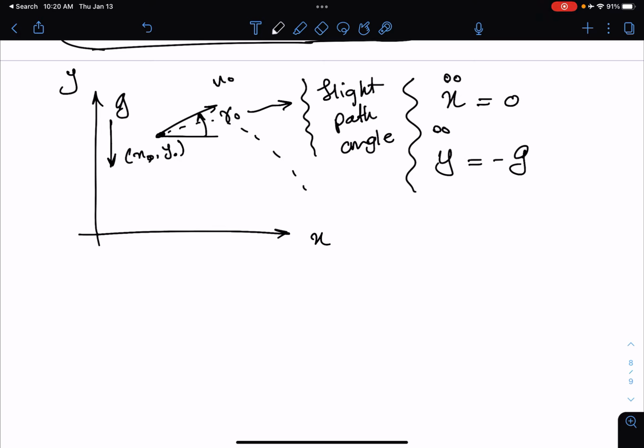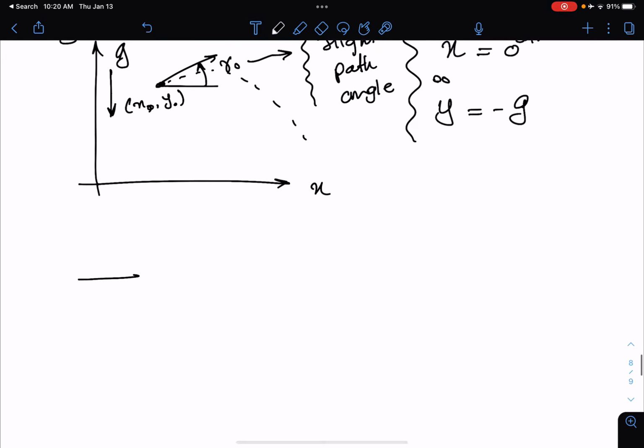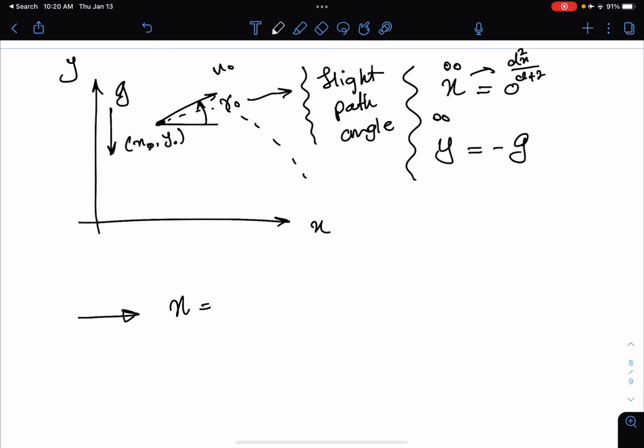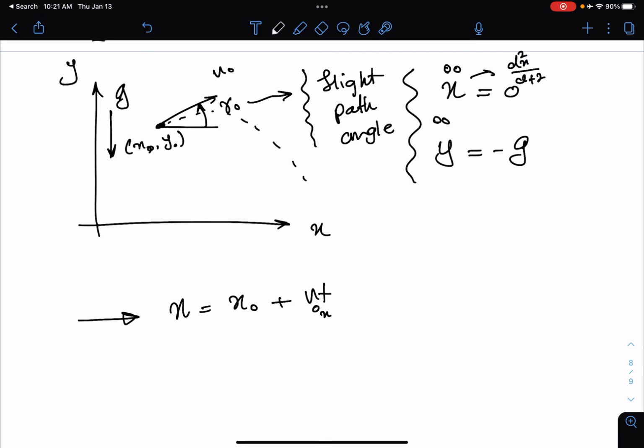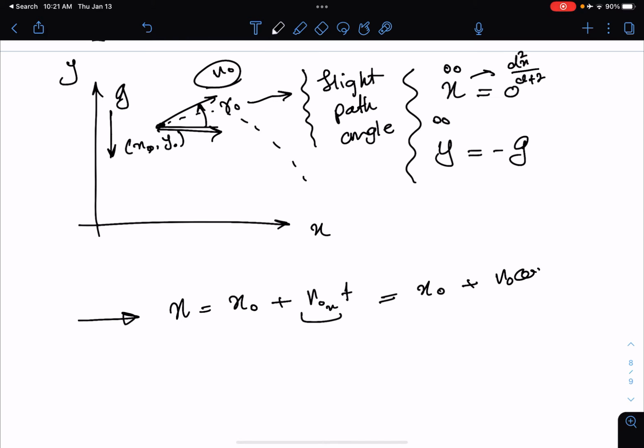The first thing you want to do is integrate twice. x double dot, the second derivative of x with respect to t squared, taken twice, yields x equals x naught plus v naught t, v naught in the x direction though. What is v naught x? We want the projection of v naught in the x direction. Exactly. v naught cosine gamma naught.